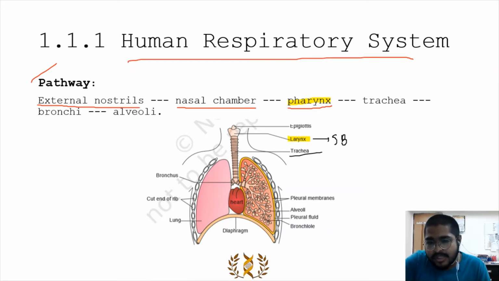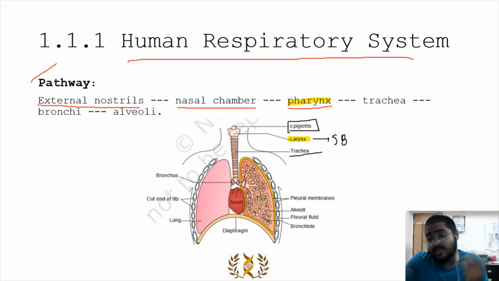This sound box is covered with a structure called the glottis, which we'll be studying in the digestion lesson. But we need to mention another important structure which covers the glottis, called the epiglottis. Now, the function of the epiglottis is a reflex one. It basically doesn't allow the food to enter the trachea, the windpipe.